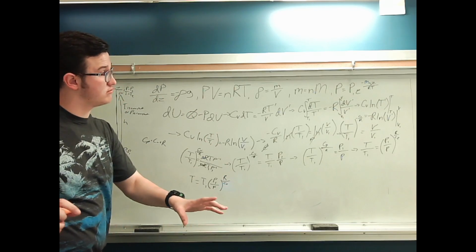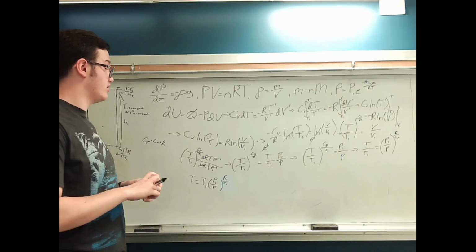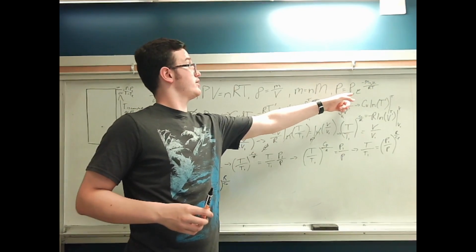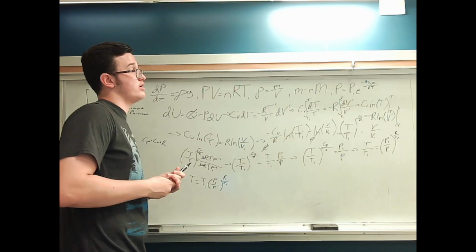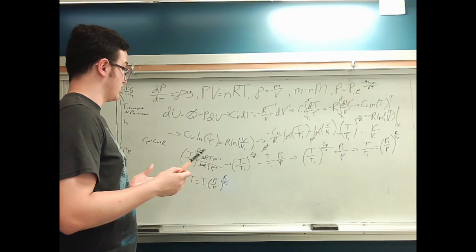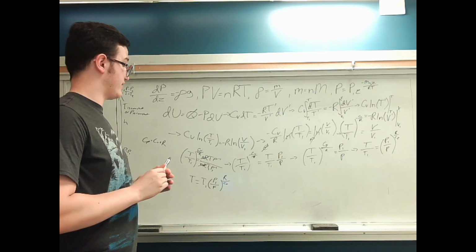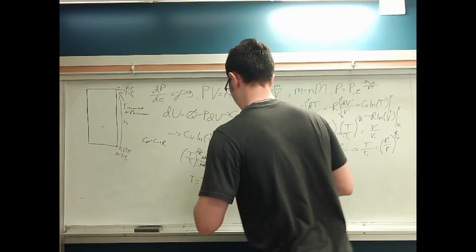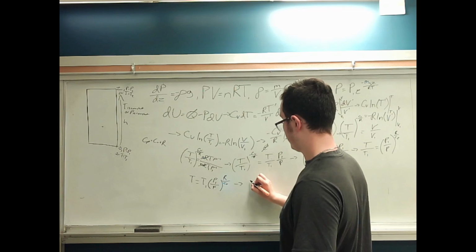equation written, but we know that P is equal to P1 times e to the power of negative mgz divided by RT. So that means that this will go, and we can sum it in here.